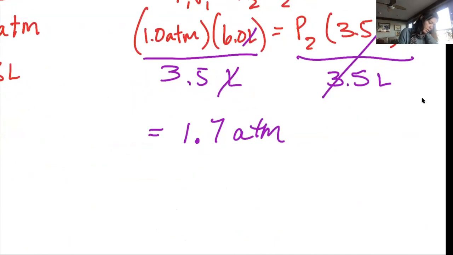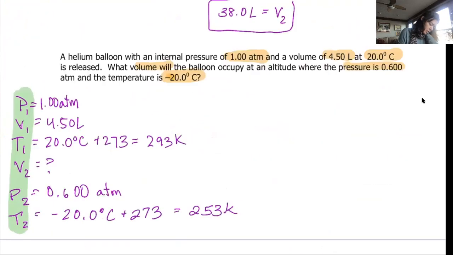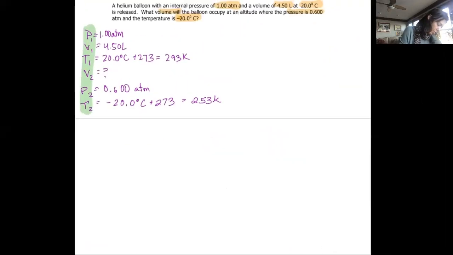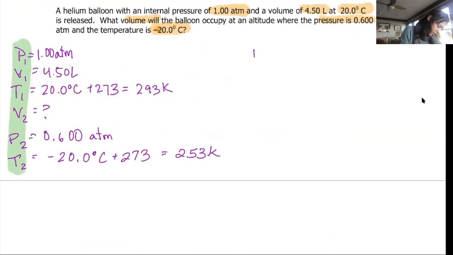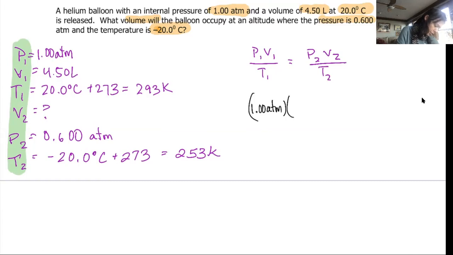So let's go down here and let's say that for this problem, we will use P1 V1 over T1 equals P2 V2 over T2. All right, start plugging and chugging. 1.00 ATM. Keep your units.